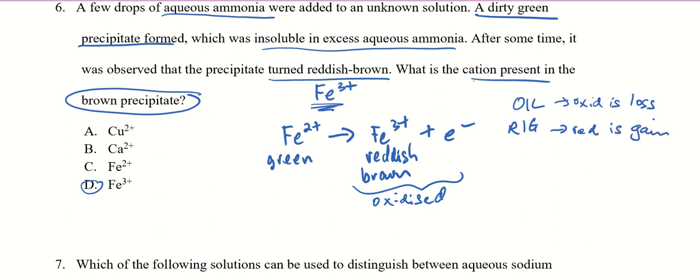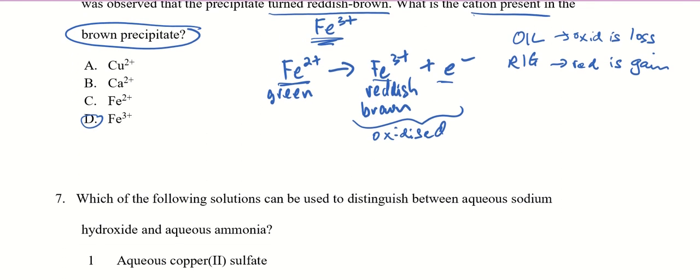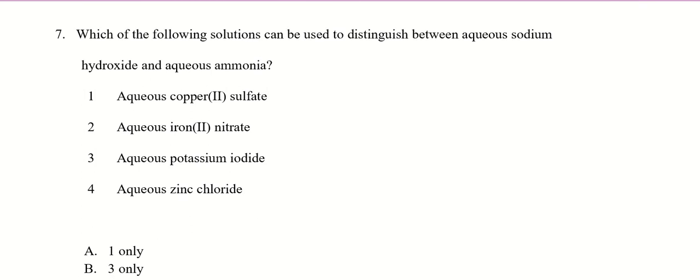So you can see here that the iron 2 plus has lost an electron to form iron 3 plus, therefore it has been oxidized. Okay, so you need to be able to remember the color of the precipitates. In the previous video, you saw that the blue precipitate indicated the presence of copper 2 plus. Okay, so let us now take a look at question number 7.